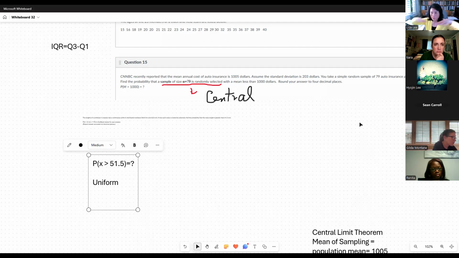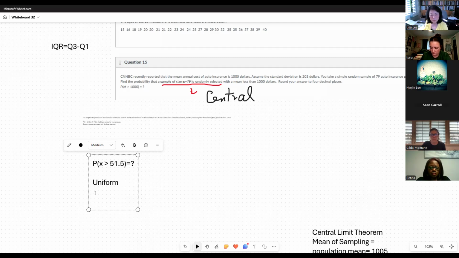Because uniform means all the chances are equal between 50 minutes of class time and 52 minutes of class time. Every different length here has an equal chance of happening. We make a straight line on the top because we want to use a rectangle, so we can use the idea of area to calculate the probability.